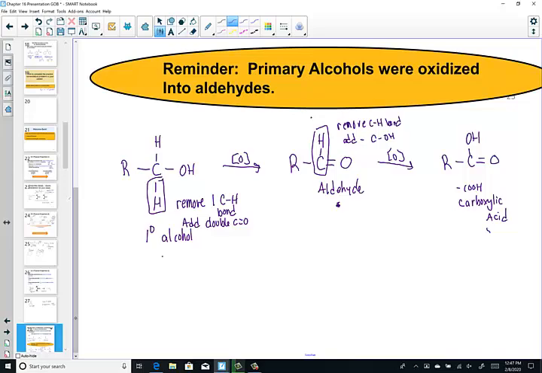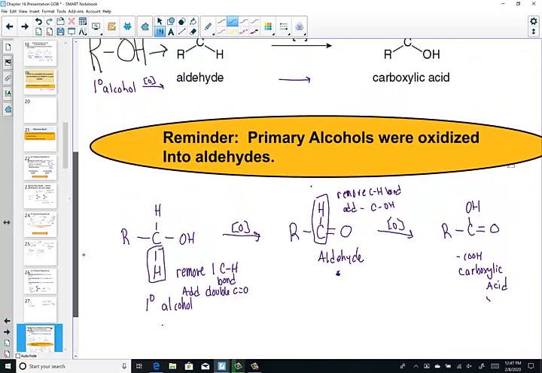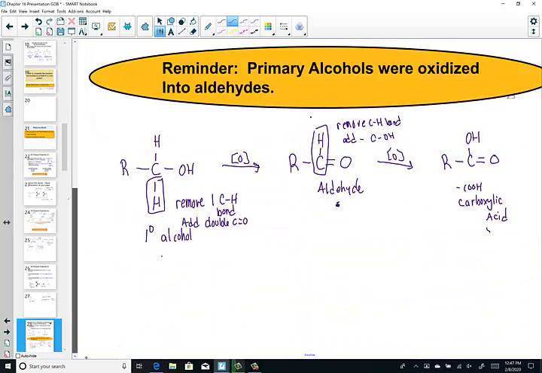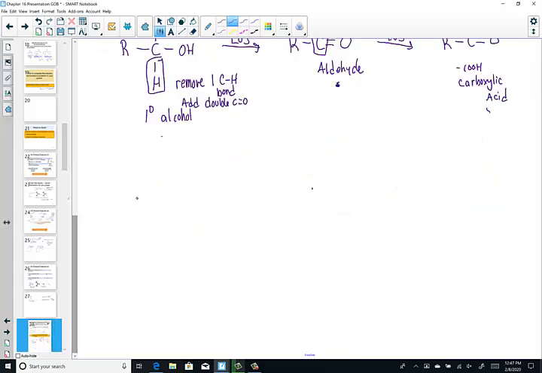I am purposefully reviewing our primary alcohol lesson from before, and I can purposely review a secondary alcohol. Remember, a secondary alcohol only had one CH bond.